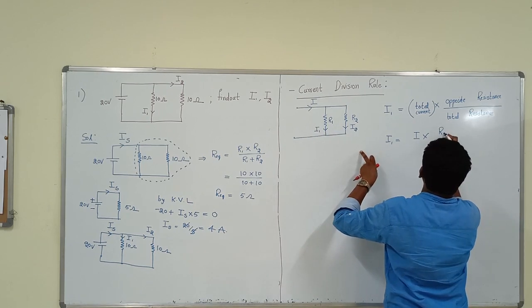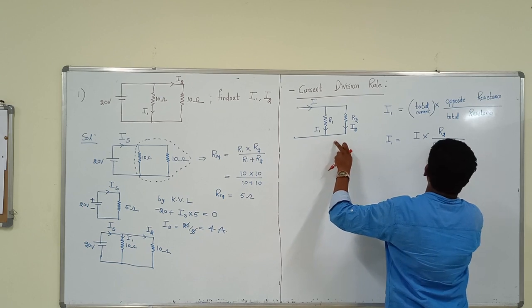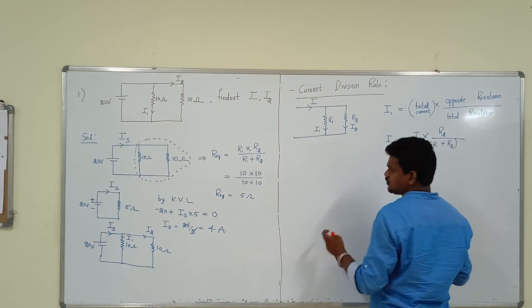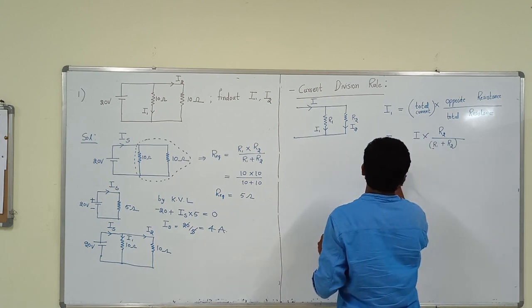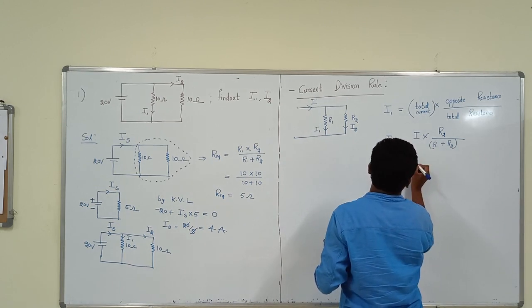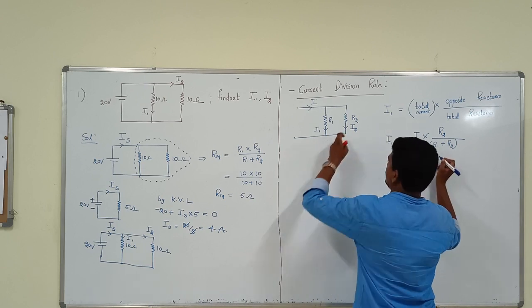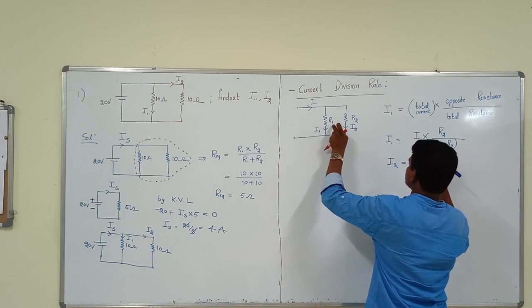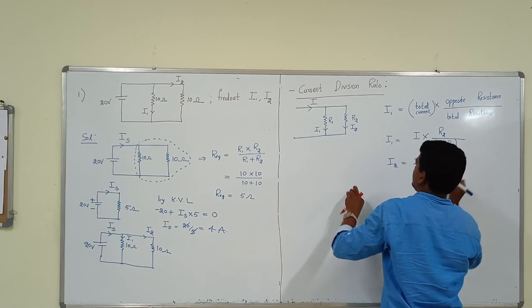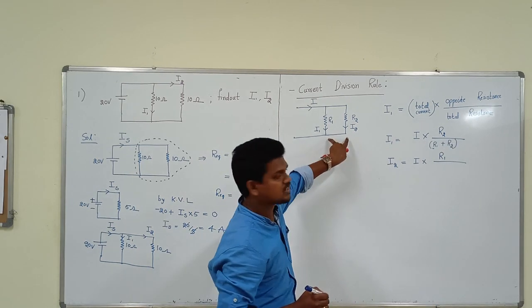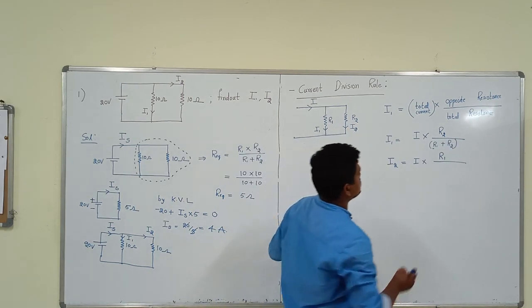Just write R2, and the total resistance is R1 plus R2. This is the formula. To find I2 the same formula applies: total current into the opposite resistance, which is R1 here, by the total resistance, R1 plus R2.